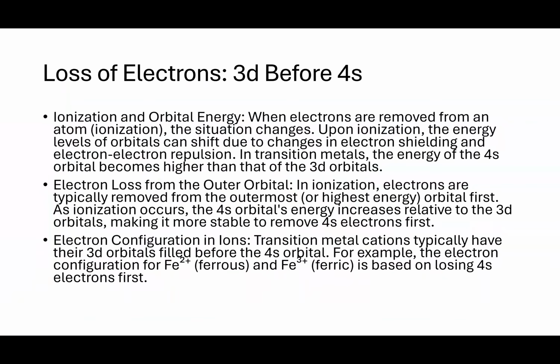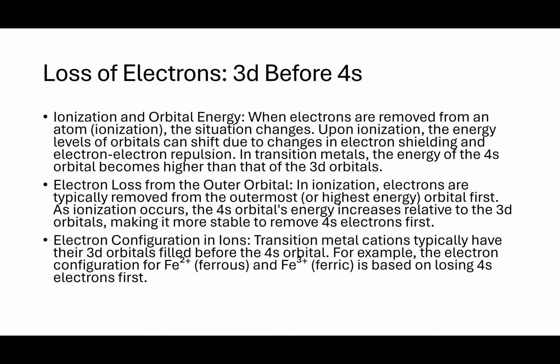So loss of electrons from 3d before 4s has to do with electron loss from the outer orbital, electron configurations in ions, and ionization energy, as well as orbital energy. I won't get anybody confused with the definition of orbital energy. But the 3d electrons are going to be leaving before the 4s electrons because of the same difference between the energy.